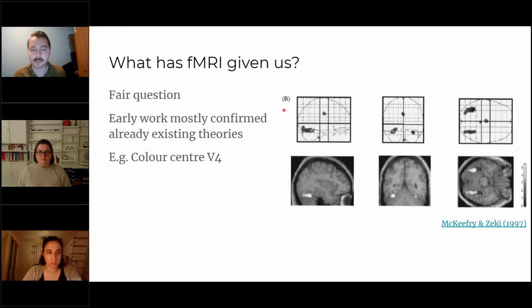For example, a lot of work has been done investigating the visual system, like this study by McKeefry and Zeki, which confirmed previous theories and data that came from monkey electrophysiology and neuropsychological study of brain damaged people, which highlighted the specific area now known as V4 in the occipital cortex as being the color center, the part of the brain that mostly processes color information.